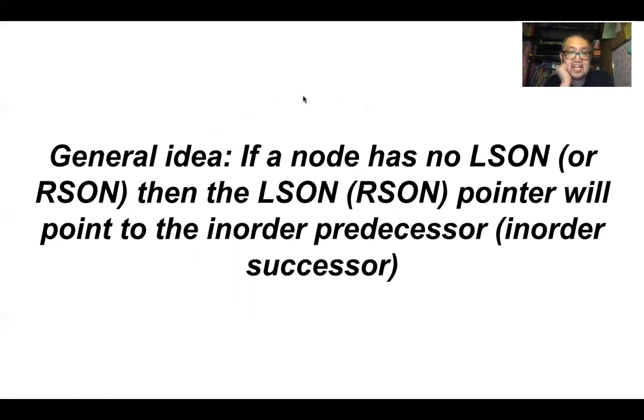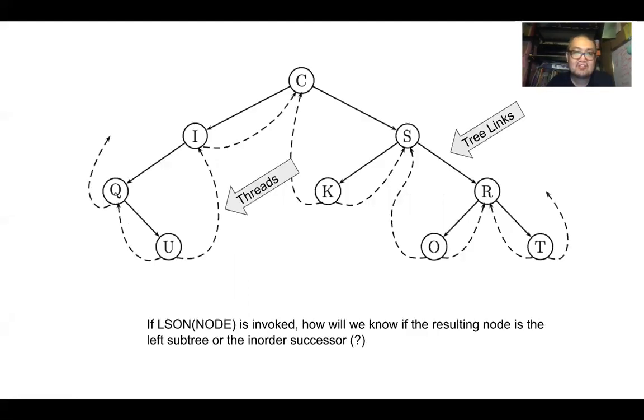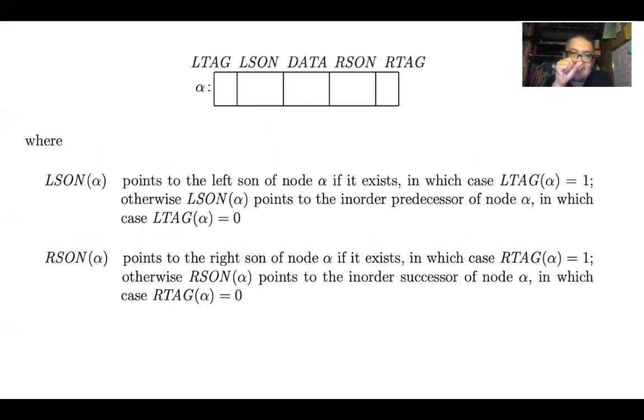So the general idea is if a node has no left child or no right child, then the left pointer or the right pointer will point to the in-order predecessor or the in-order successor. To do that, and answer the question we had earlier, we will be adding two more values to our binary tree node. Before, we had a left pointer and a right pointer; now we will be adding a left tag and a right tag.